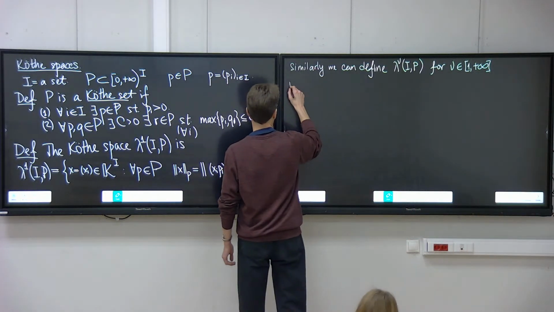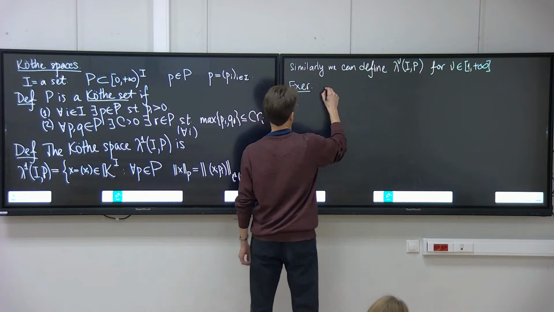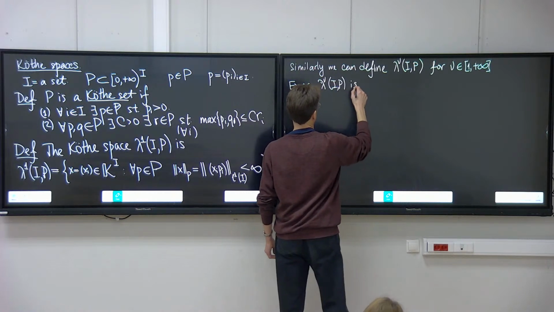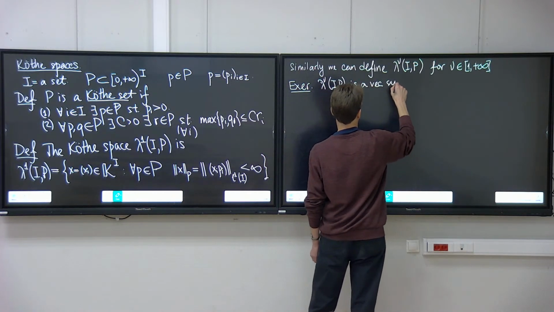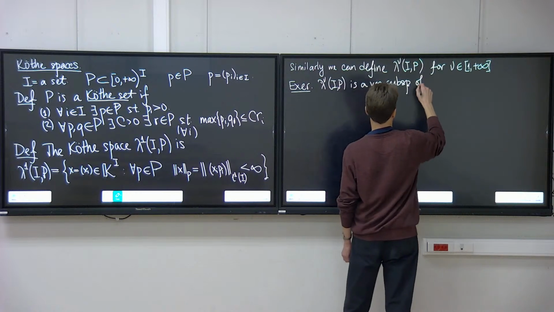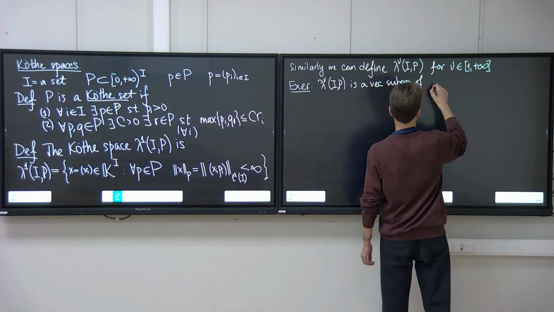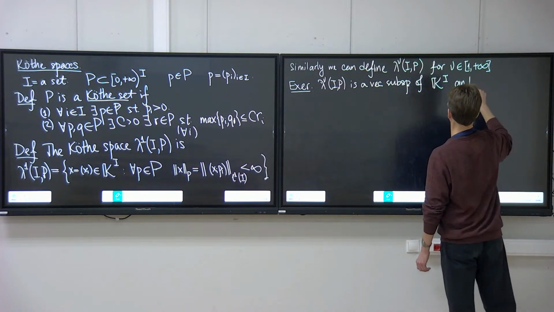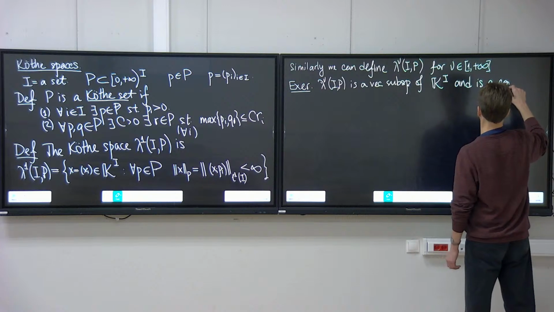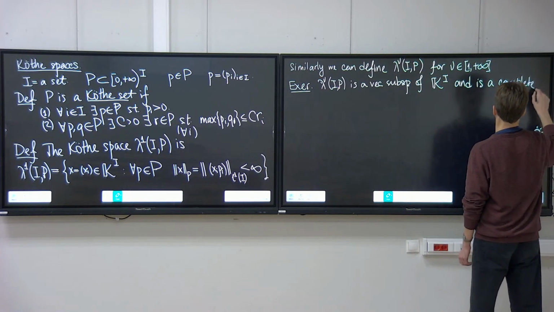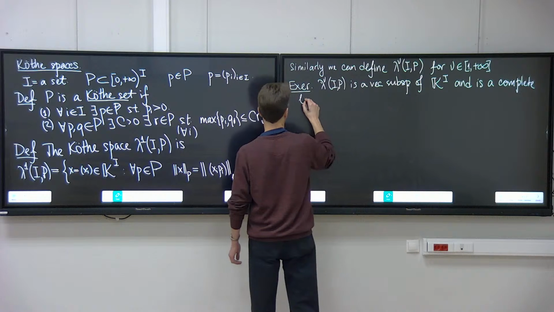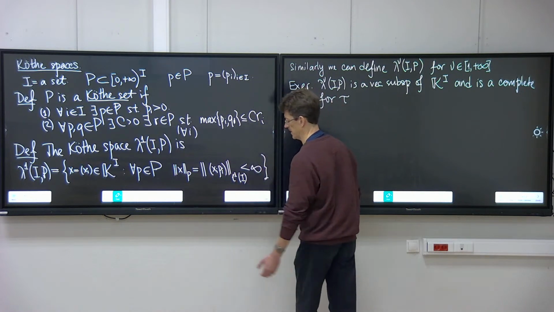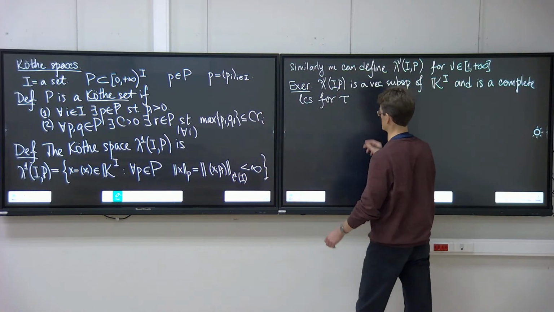It's a simple exercise to show that lambda nu of I, P is a vector subspace of the space of all k-valued functions on I, and it is a complete locally convex space for the topology generated by the family of all such seminorms.